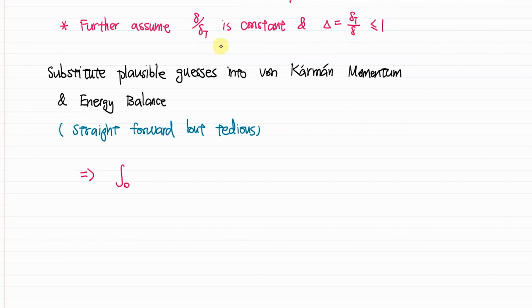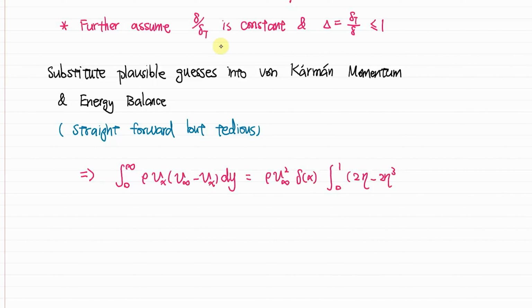The integration from 0 to infinity of rho Vx times (V infinity minus Vx) dy now equals rho V infinity squared times delta of x times the integration from 0 to 1 of (2 eta minus 2 eta cubed plus eta to the 4th power) times (1 minus 2 eta plus 2 eta cubed minus eta to the 4th power) d eta, which now equals 37 over 315 times rho V infinity squared times delta x.